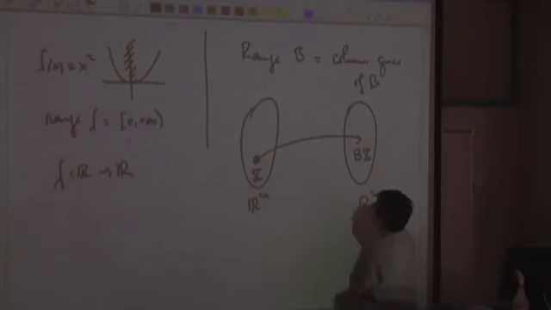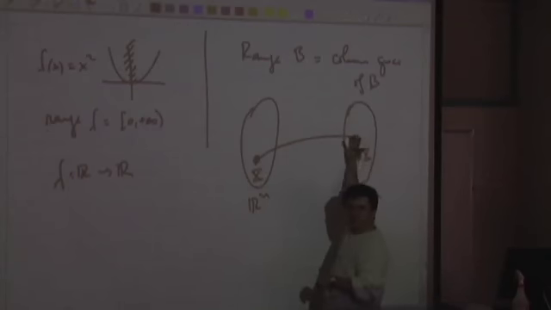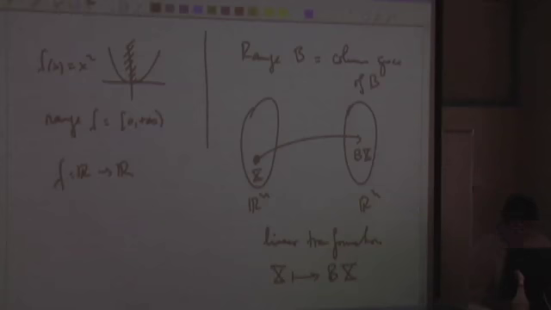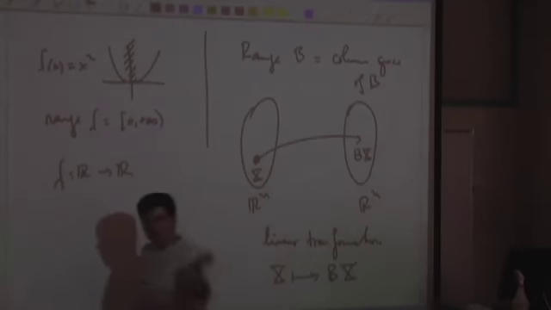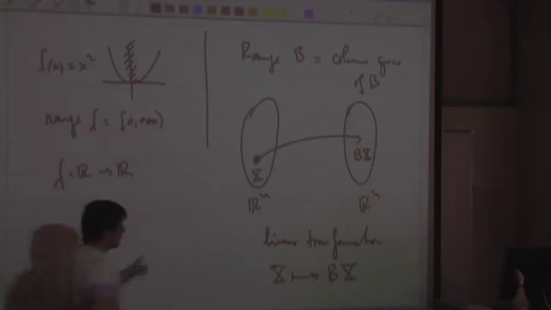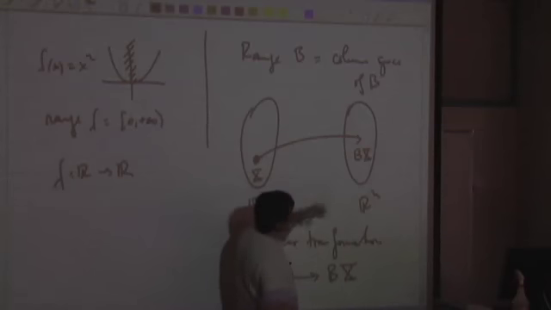So the range of this matrix is really the range of this function, or linear transformation. This is called a linear transformation. The matrix B acts on each vector in Rn by multiplication with that vector, and it gives you another vector. That's a linear transformation from Rn to Rn.